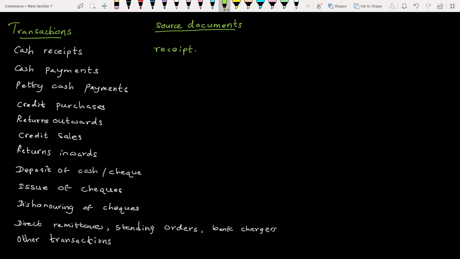The relevant source document is payment voucher. Petty cash payments. This means when the business makes a petty cash payment, for example, payment of postal charges. So in this case, the source document is petty cash payment voucher.